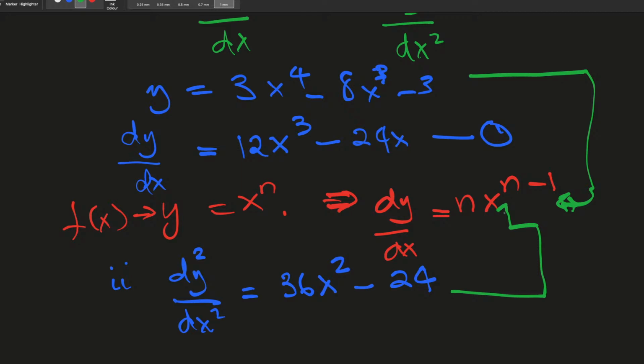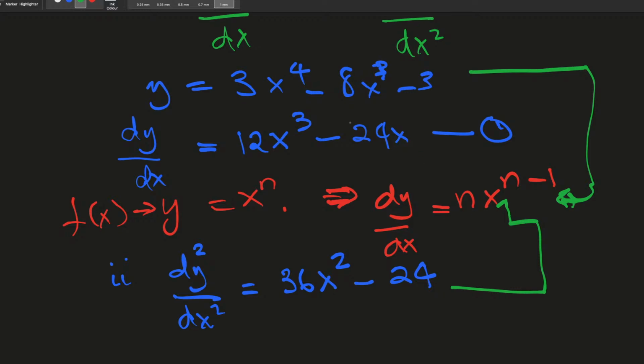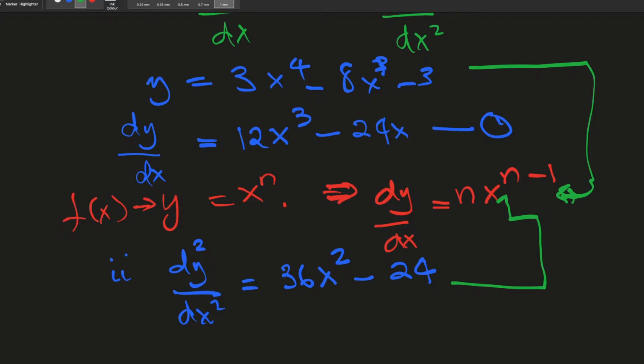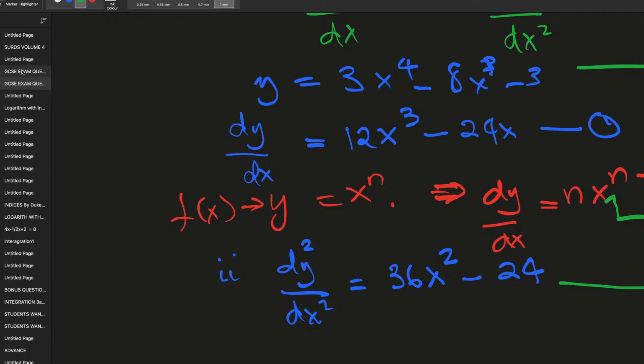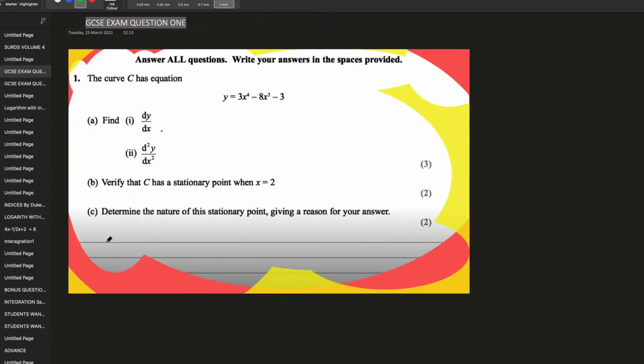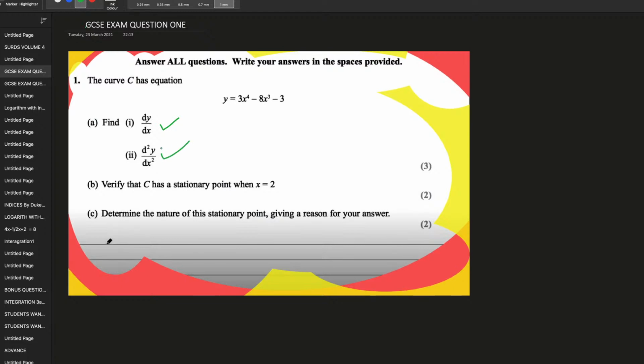Okay, then let's look at the next question. So the next question says, we have found this and that, and it's verified that the curve has a stationary point when x is equal to 2.